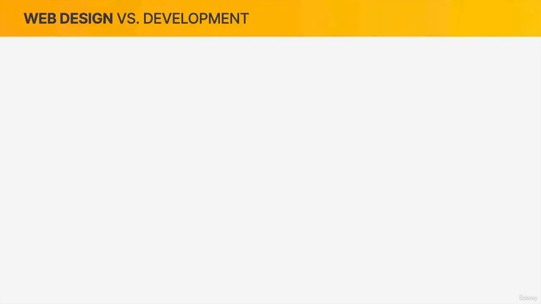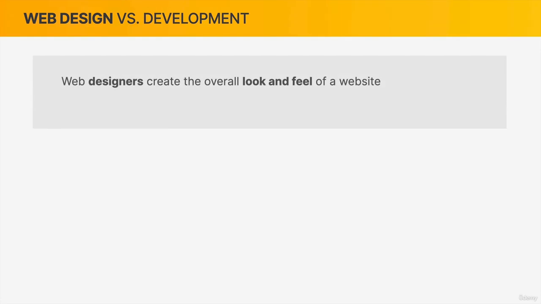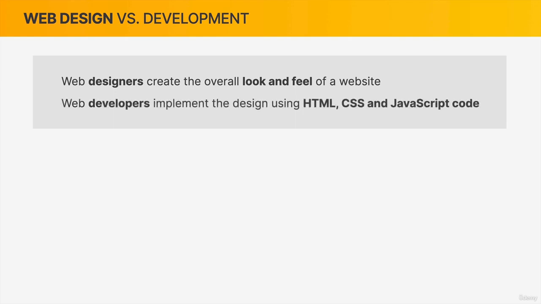So, first of all, we need to distinguish between web design and web development. So basically, web designers are who create the overall look and feel of websites, while on the other hand, web developers are the ones who then implement the design using HTML, CSS, and JavaScript code.